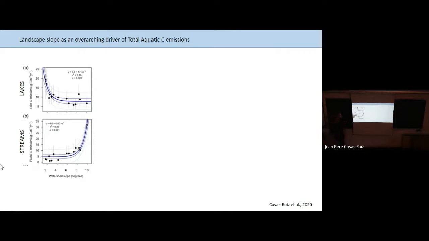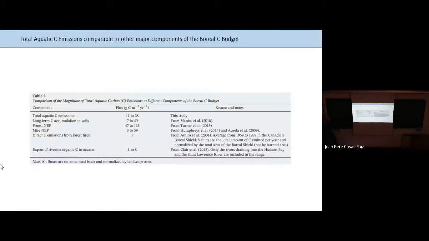In general, streams are emitting around 5 grams of carbon per square meter of watershed per year. This would be equivalent to direct carbon emission from fires, to the low range of NEP, and also to long-term carbon accumulation in soil. Of course, they are not going to offset the whole terrestrial carbon sink, but in some places, especially in steeper landscapes, they can really play a role in the carbon budget.